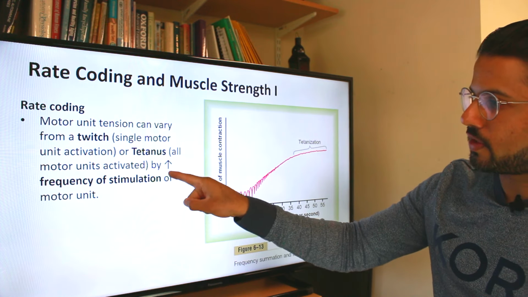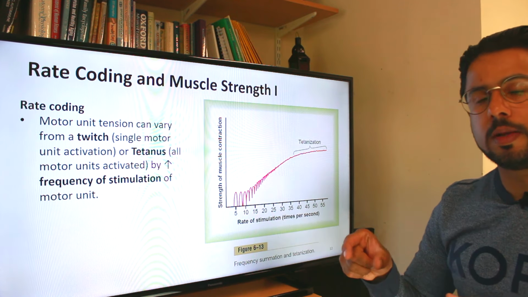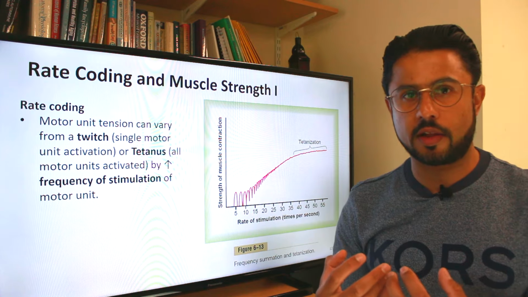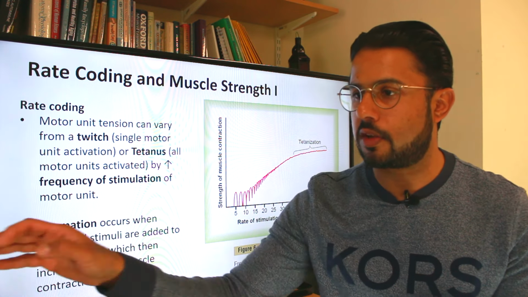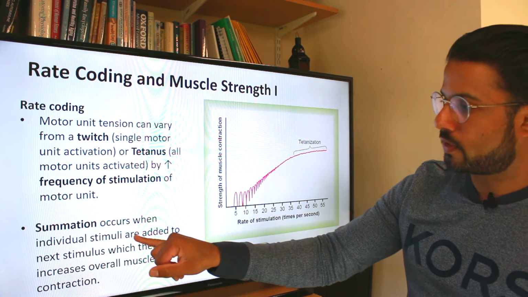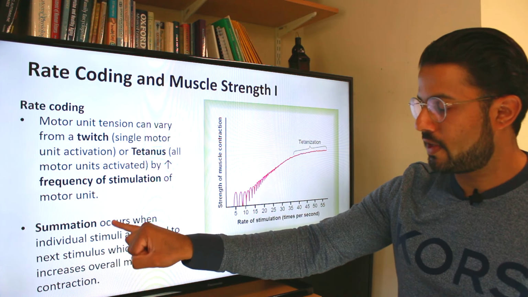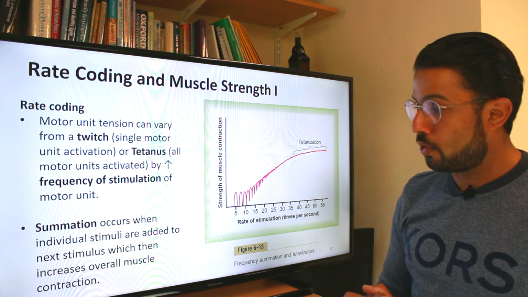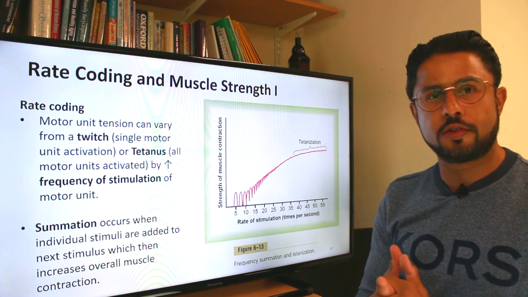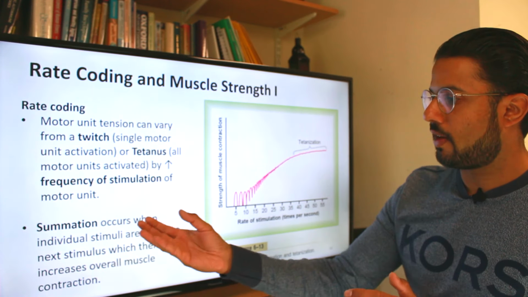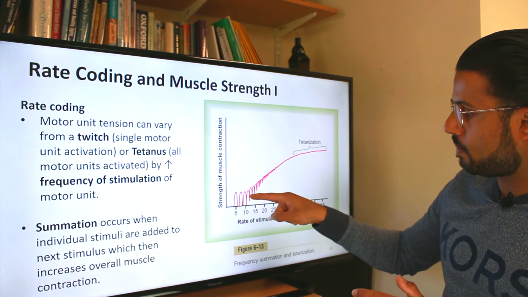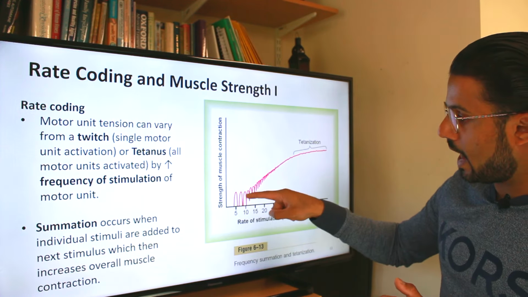So the frequency of stimulation of the motor unit is extremely important in improving strength, okay? One of the things that resistance training does is it improves this physiological or neuromuscular or neurophysiological change. It coordinates that, so you have increased summation. So that basically allows lots of signals to happen. And remember, this is times per second.